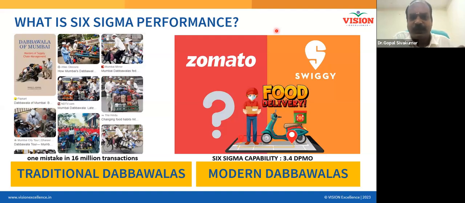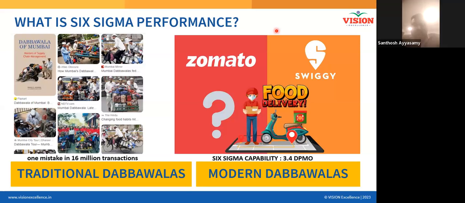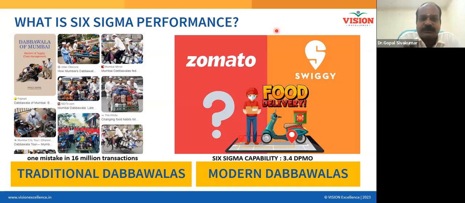And we just want to calculate the DPMO, defects per million opportunities. If a million opportunities are created, how many times does your process fail, or how many defects happen in your process? This is the way by which we are going to measure the brilliance of our process.